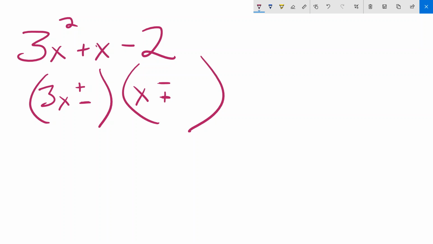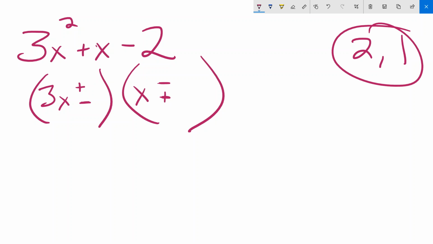Okay. Give me factors of 2. 2 and 1. Now it's totally a process of elimination or trial and error. In other words, I'm going to take these 2 factors and arbitrarily apply them right there. I'm going to put the 2 there and the 1 there, and see if that works. Does it? 2 times x is 2x.